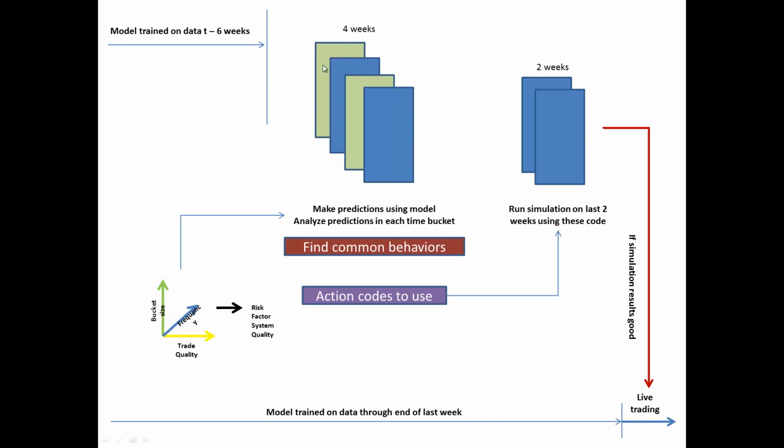So four weeks of simulated predictions, analyze that data, and then run it on the last 2 weeks and see how that simulation applies. So look for common behaviors in weeks T minus 3 through 6, and then take those common behaviors and run a simulation on the last couple of weeks and see what that looks like.